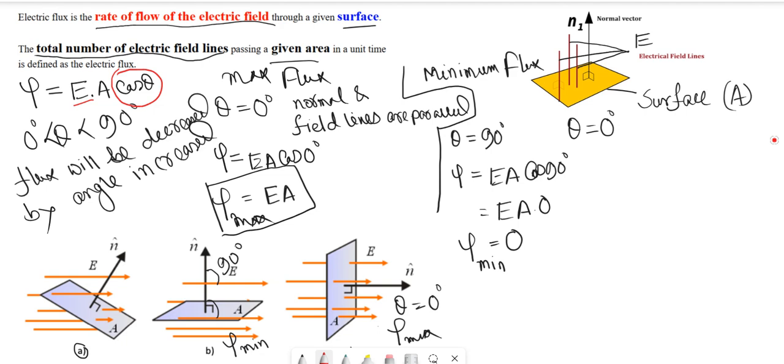If we consider an effective electric field line through a surface, it means that there is a surface. Obviously there will be an area, but for the case of the electric field, the surface area is important, but not very important.